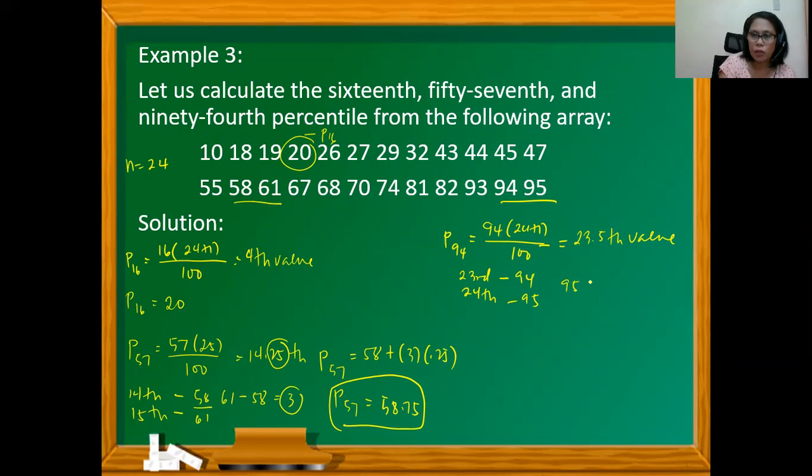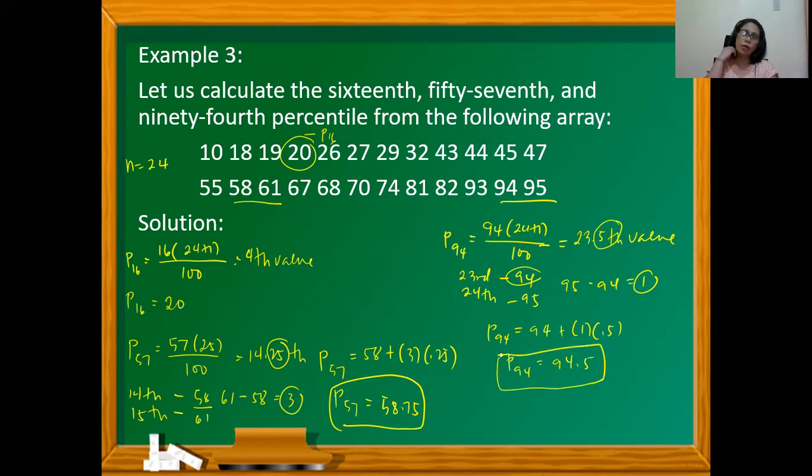Working on the difference between the two, this gives us 1, and we will multiply this 1 with the decimal portion of the position of P94 and add that to the lower boundary. So P sub 94 equals 94 plus the product of 1 and 0.5. So P sub 94 is equal to 94.5.